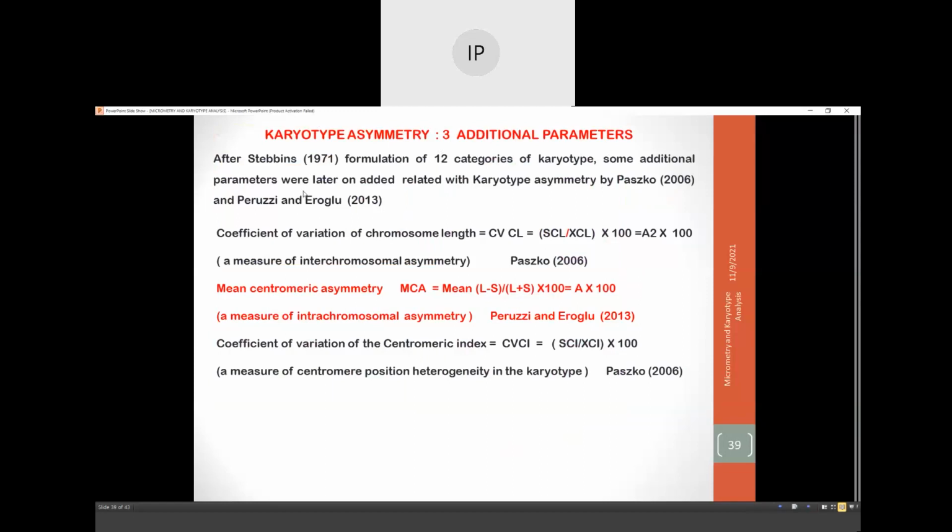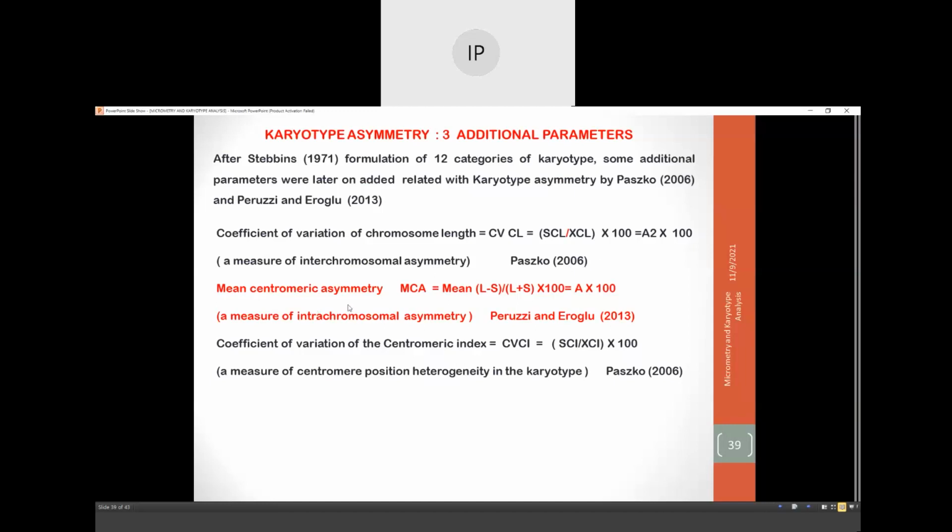Some additional parameters were later added related to karyotype asymmetry by Pashko 2006 and Peruzzi and Eroğlu 2013, which are coefficient of variation of chromosome length, CVCL, that is SCL divided by XCL into 100, that is A2 into 100, a measure of interchromosomal asymmetry, which was given by Pashko 2006.